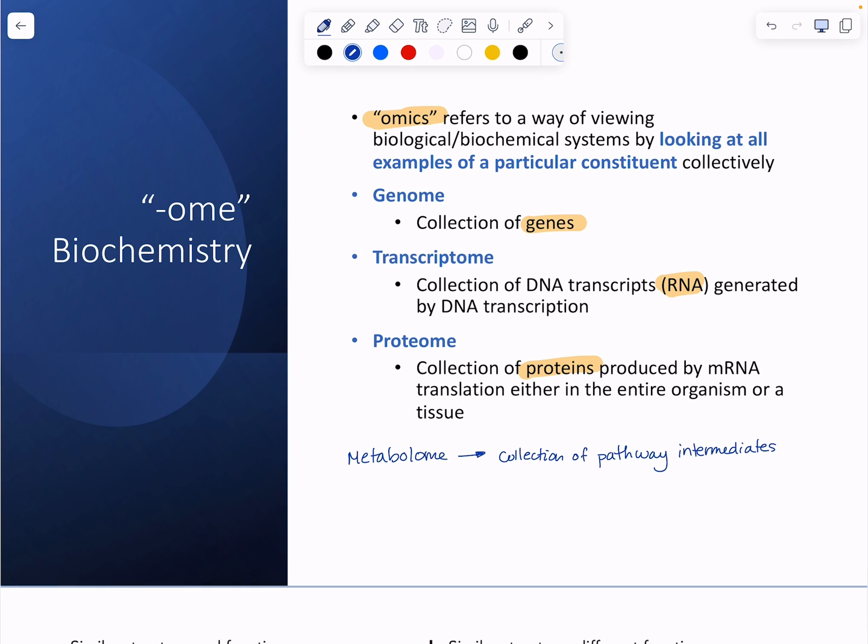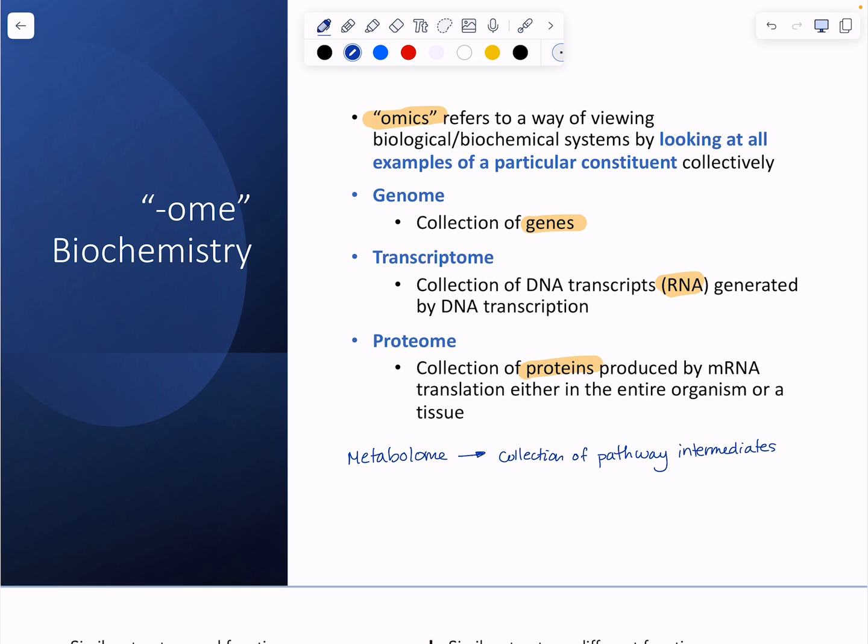And so we can start from that end and say, oh, their cells are making too much of this particular intermediate. And then we can go back and say, what pathways result in that intermediate? Let's investigate the proteome, or let's investigate the transcriptome in those individuals, and see where the problem is starting. What's the root of the problem?